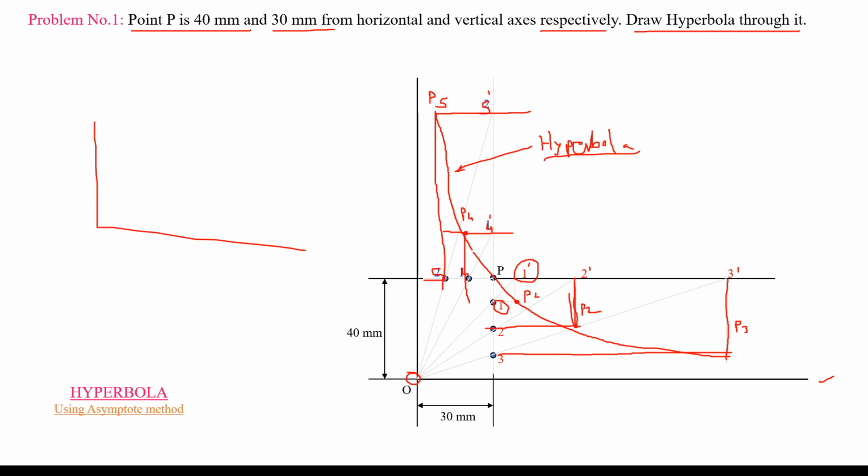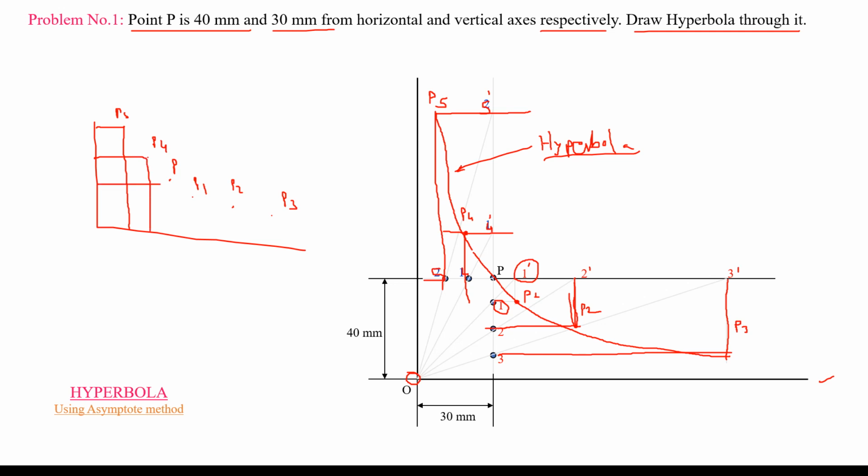So what do I mean by area? You can see you have these points P5, P4, then P, then P1, then P2, and then P3. If you get the area of this rectangle, it will be equal to this area.